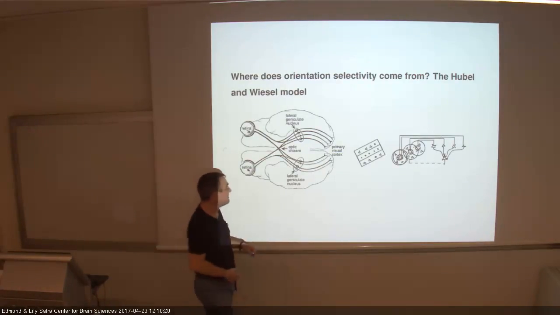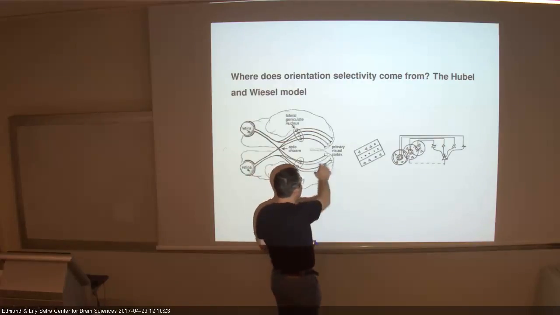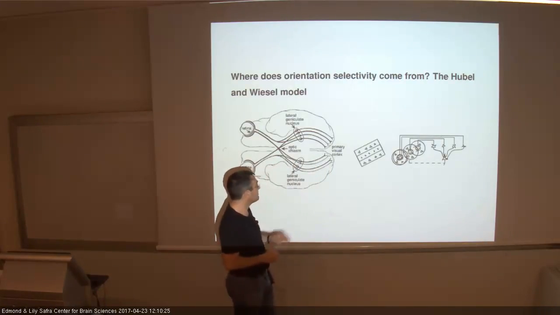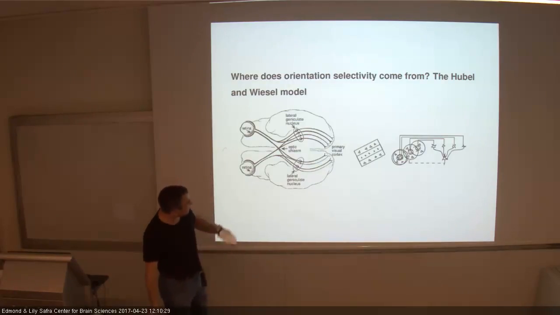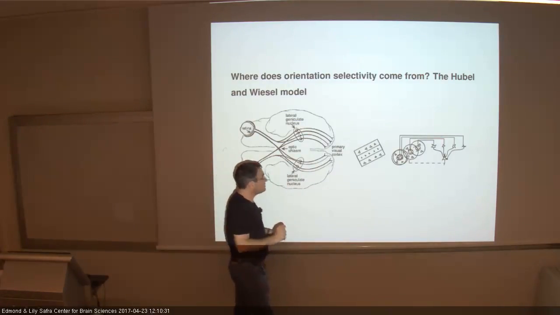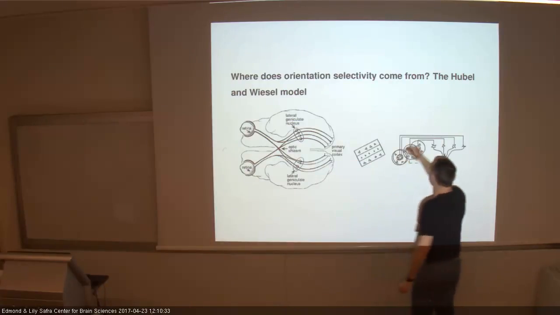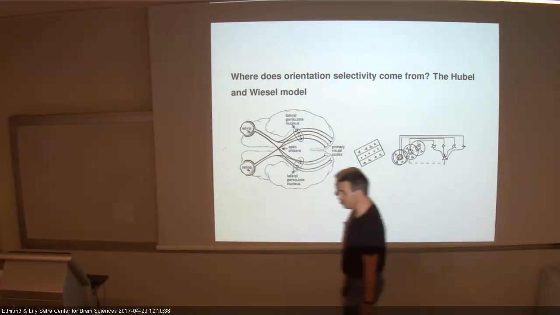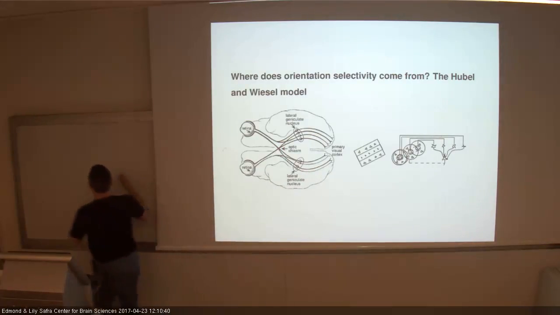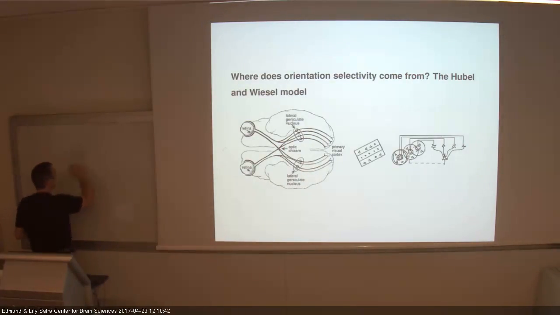And Hubel and Wiesel hypothesized that the reason that selectivity emerges in the primary visual cortex is that neurons in the LGN project in a very particular way to neurons in the cortex. The receptive fields of neurons in the LGN look something like this. So you have neurons that care about stimuli in a particular region in space.